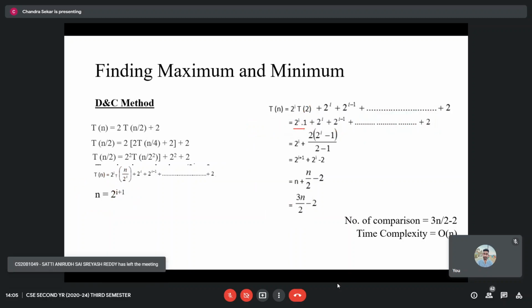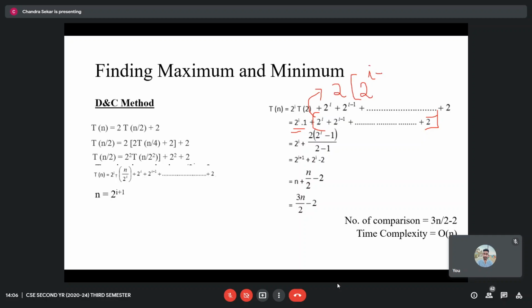Now we leave this part as such, and in this part we remove the 2 outside. If you remove the 2 outside from this part, what will happen is 2 into 2 power I minus 1 plus up to 1. So it is something like starting with 2 power 0 plus 2 power 1 plus 2 power 2 and so on up to 2 power I minus 1.